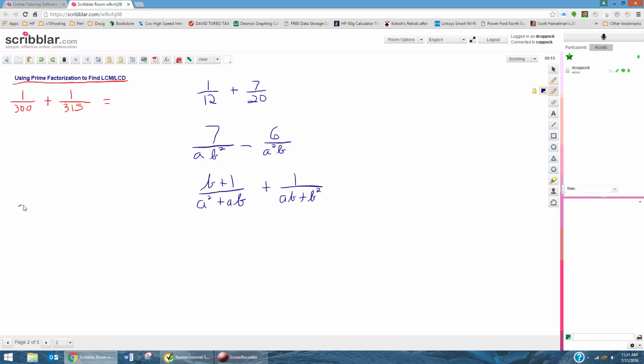the way I do it is I start by dividing by the least prime number that I can see will divide into the LCD, or the denominator, evenly, which happens to be 2. And since the last digit of the quotient is an even number, I know it'll divide by 2 again. Now I can't divide by 2 anymore, but since these digits add up to 12, 7 plus 5 is 12, I know that this is divisible by 3.